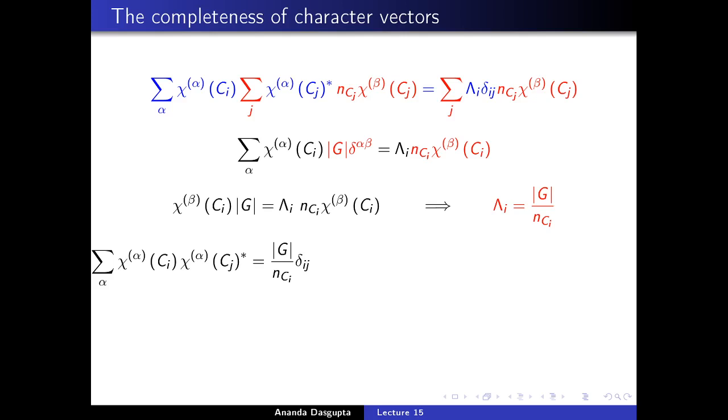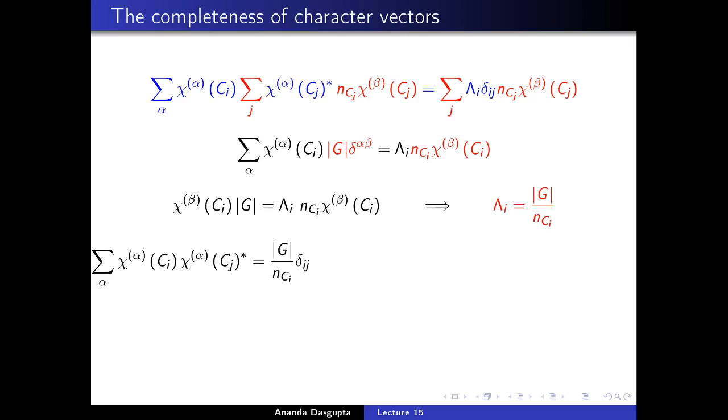Now, once we have got this particular result, it is pretty easy to see that because of the presence of the delta ij term, you could very well write mod g by nci as square root of mod g by nci into square root of mod g by ncj. Remember, this expression is non-zero only when I is equal to j, and therefore square root of mod g by nci times square root of mod g by ncj would effectively be the same as mod g by nci.